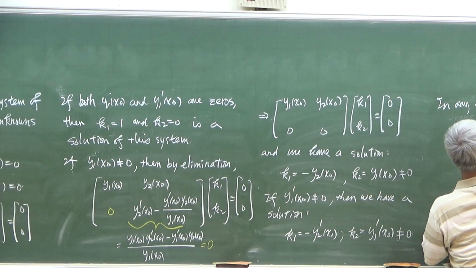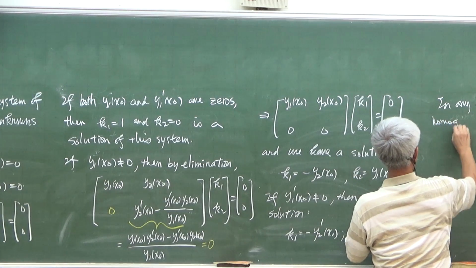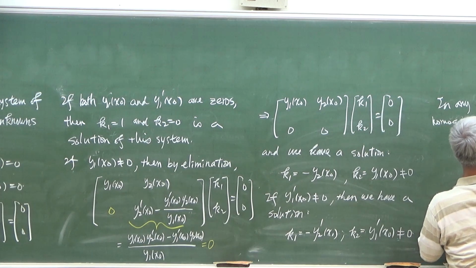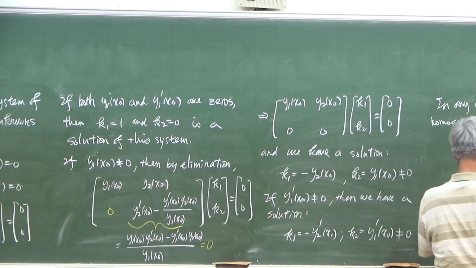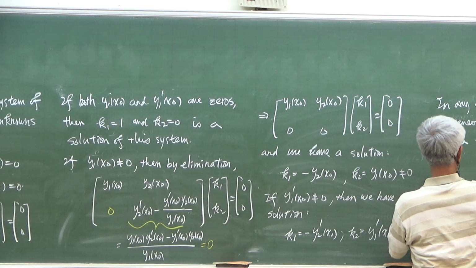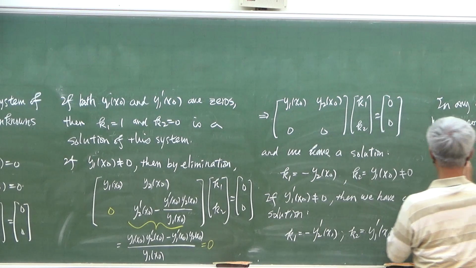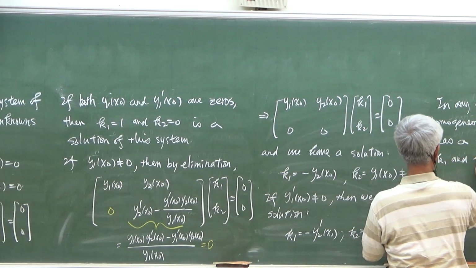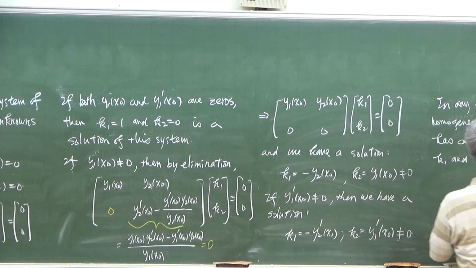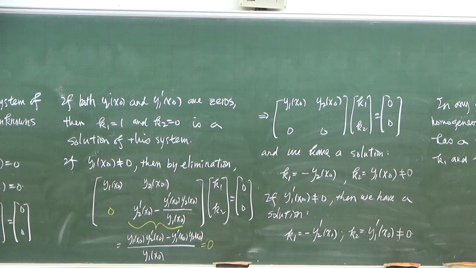The system of homogeneous linear equations has a solution for which k1 and k2 are not both 0. This is the point. k1 and k2 are not both 0.